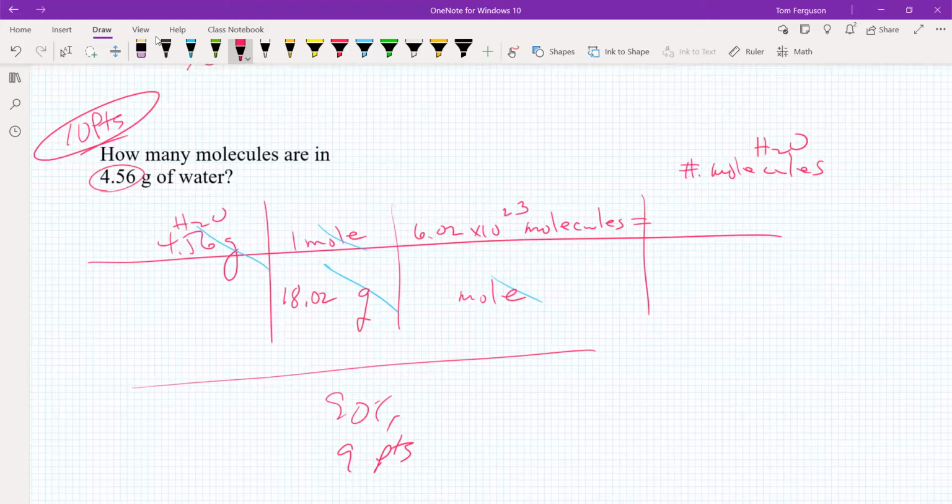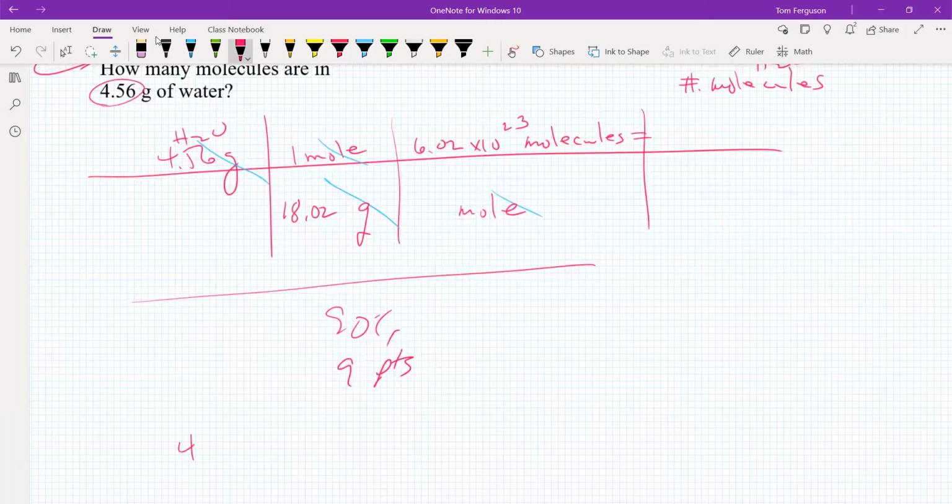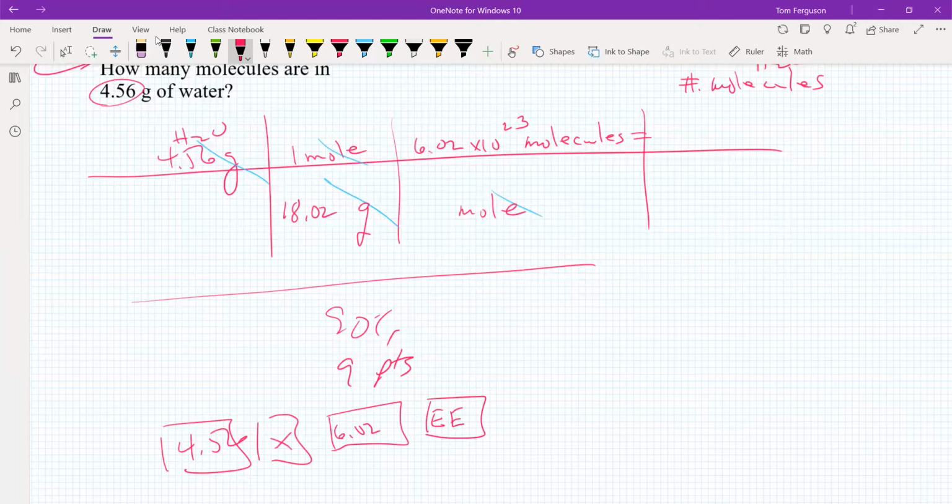Now notice this problem is a little different than what you've been used to. Normally on the bottom we have all ones. This time we have 18.02. So this is the way I recommend doing this problem as far as your calculator goes. In your calculator, you're going to put 4.56 times 1, we don't have to worry about that, times 6.02 EE 23.